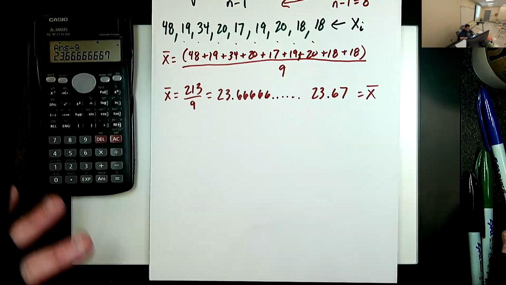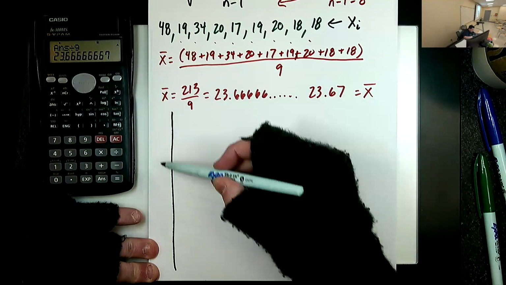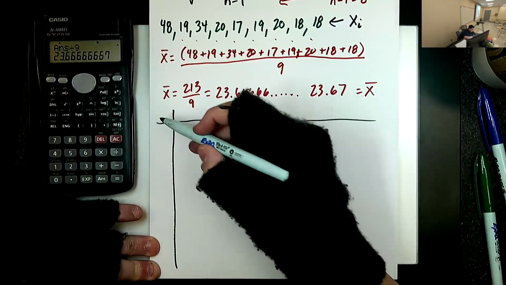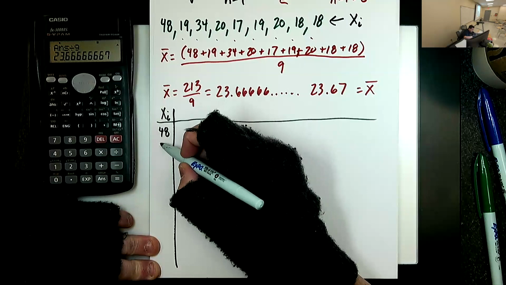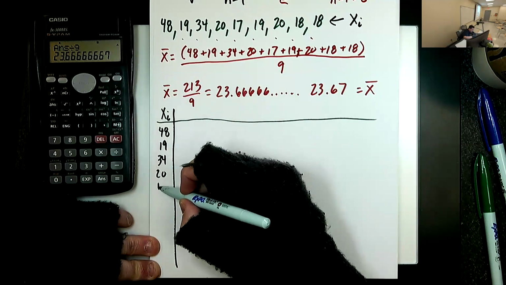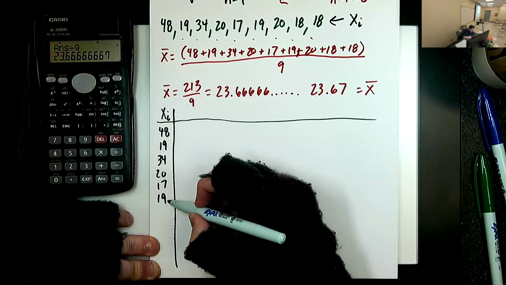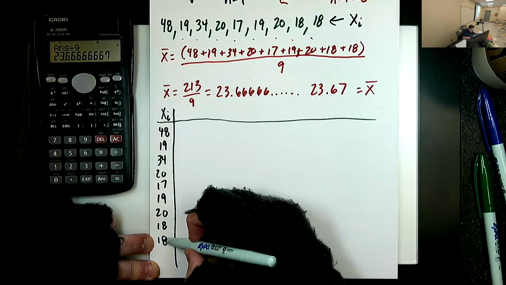Now I'm going to make a table. In my table, I'm going to put my XIs, which is our ages: 48, 19, 34, 20, 17, 19, 20, 18, 18.